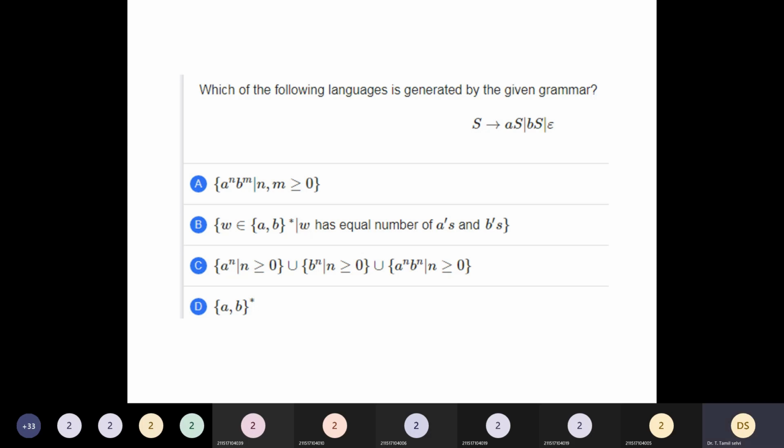Capital S is nothing but the non-terminal. Small a, small b, epsilon are the terminal symbols. So here we have to derive the language. Instead of capital S, I am replacing it with BS. So finally I will be getting AB and then epsilon.